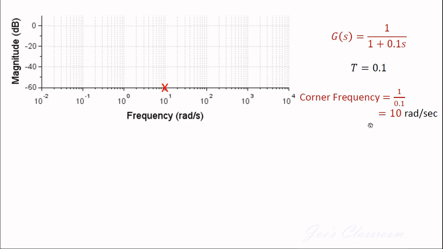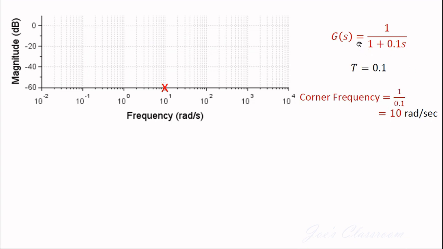And therefore, it gives me an idea to sketch the exact Bode plot without finding the magnitude for all the frequencies. That is the point you should take away from this part of the lecture. There is a slope change happening at the corner frequency, and the corner frequency is given by 1 by t.